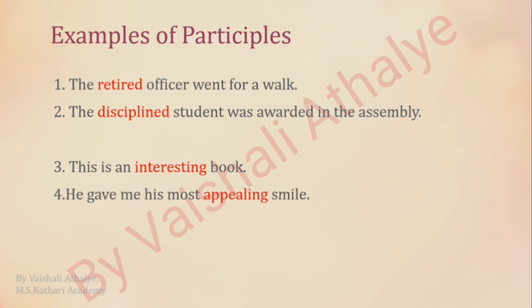In these words also we find that ing is there at the end, but they are not gerunds because gerunds are verbal nouns. Gerunds, though carrying ing, function as nouns. But in these sentences, words like interesting and appealing function as adjectives. So, present participles may function as adjectives.